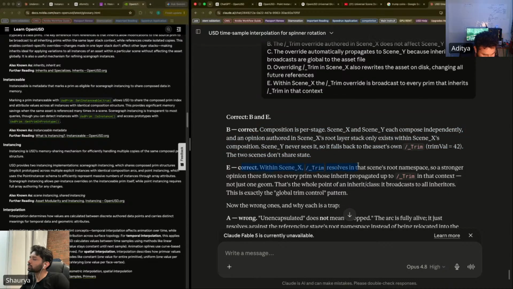Scene X slash trim results in that root namespace. The stronger opinion there flows to every prim that inherits, propagated to slash trim in that context, not just one geom. That's the whole point of an inherit class. It broadcasts to all inheritors. This is exactly the global trim control pattern.